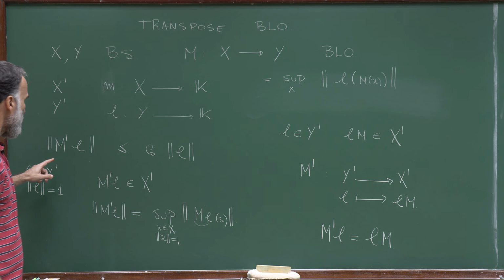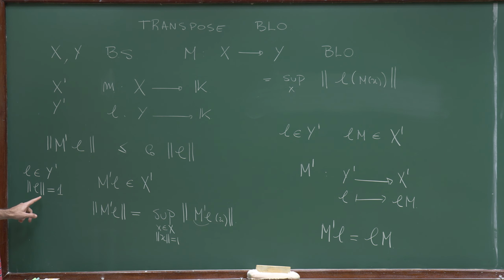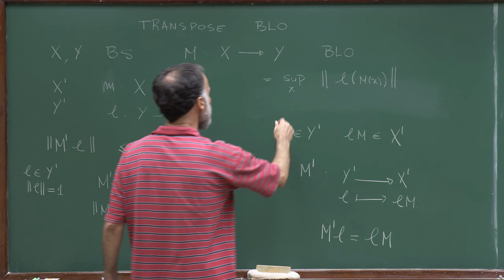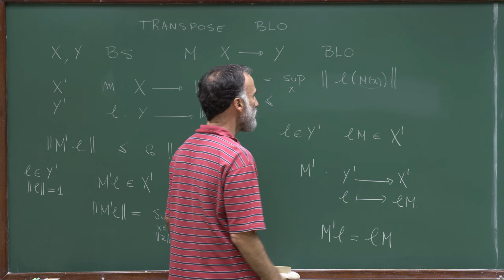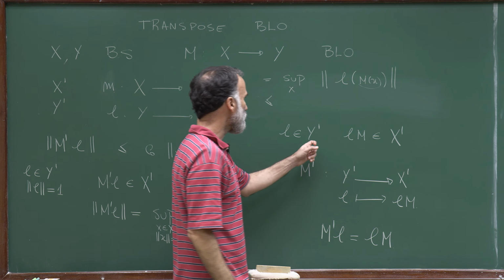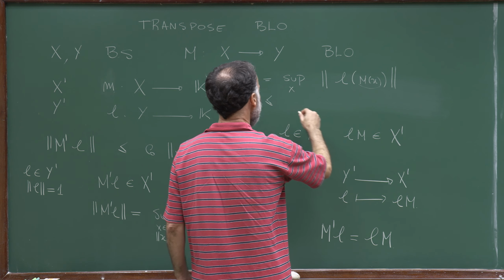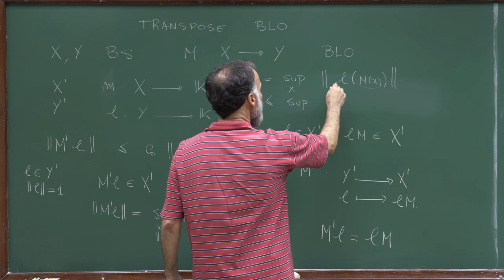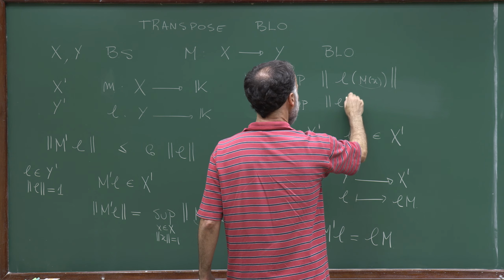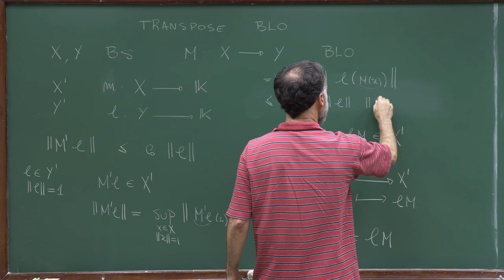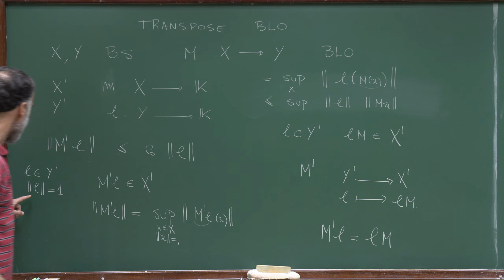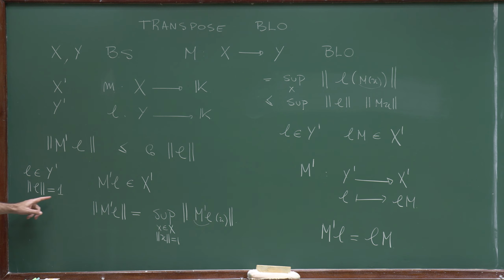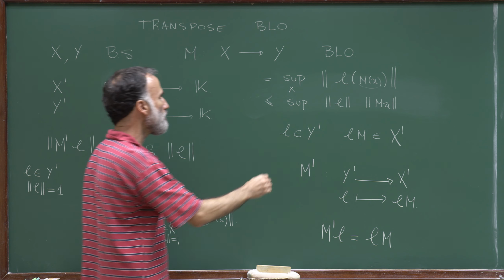Now L is an element of Y prime whose norm is equal to 1. So this is bounded. So we know that Mx is an element of Y, and L is an element of Y prime. So we know that this is bounded by the norm of L times the norm of Mx. But the norm of L, we started from a bounded linear functional which has norm equal to 1. So this is 1.